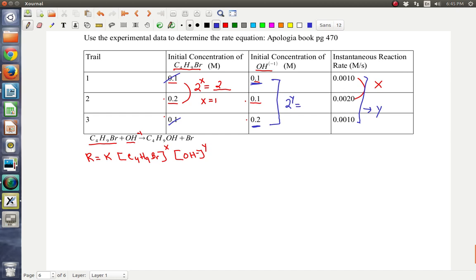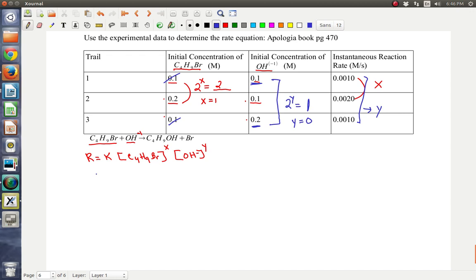So what is that? 0.01 divided by 0.001 is a 1. Alright, so 2 to the y power has to equal 1. Well, in math we know that anything to the 0 power equals 1. So y has to be 0, and that is okay.